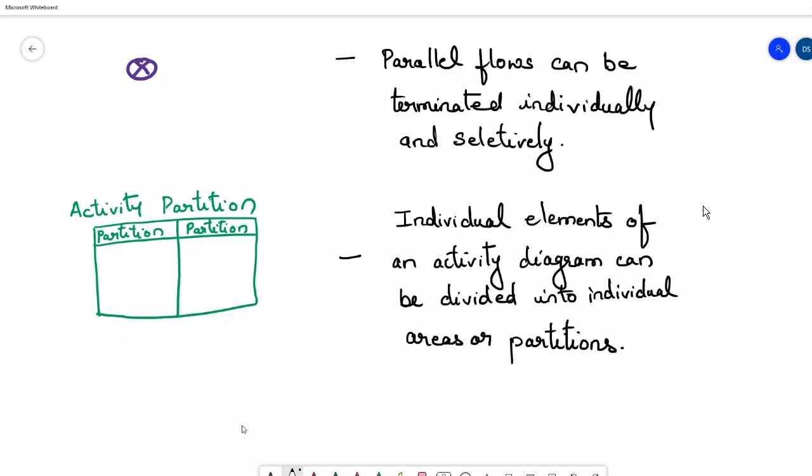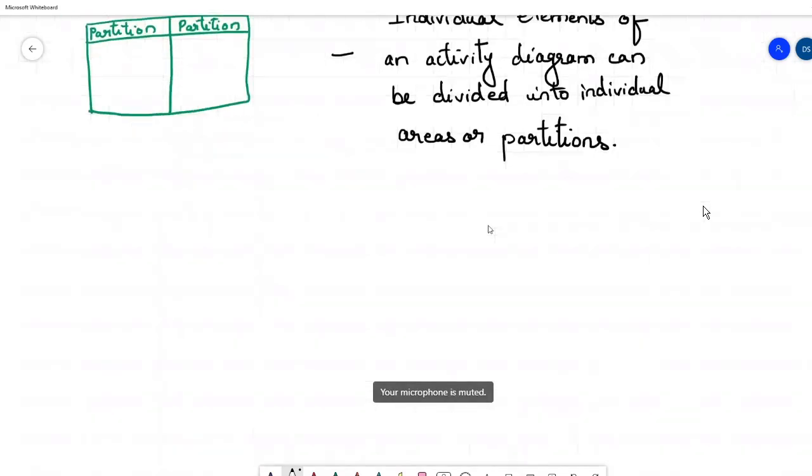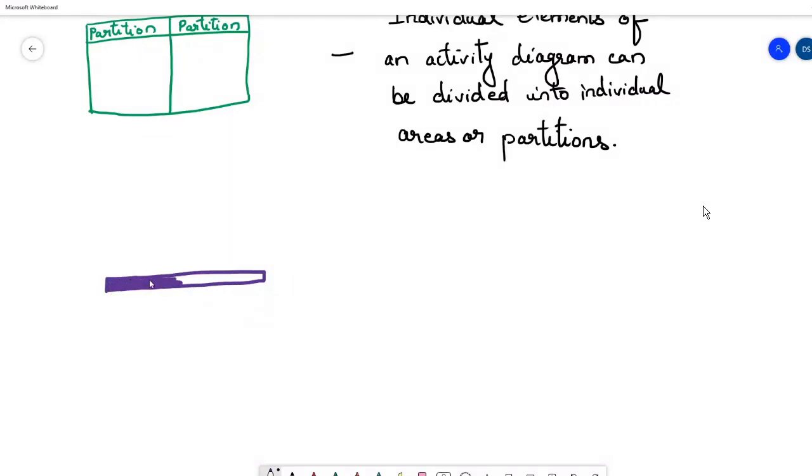Now the next symbol would be join. Okay, so in this we'll have a solid rectangle or horizontal rectangle. Now in this we'll have multiple inputs and a single output.